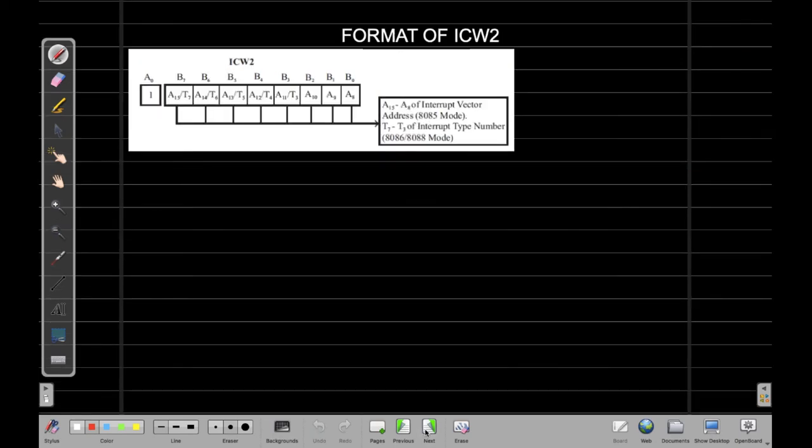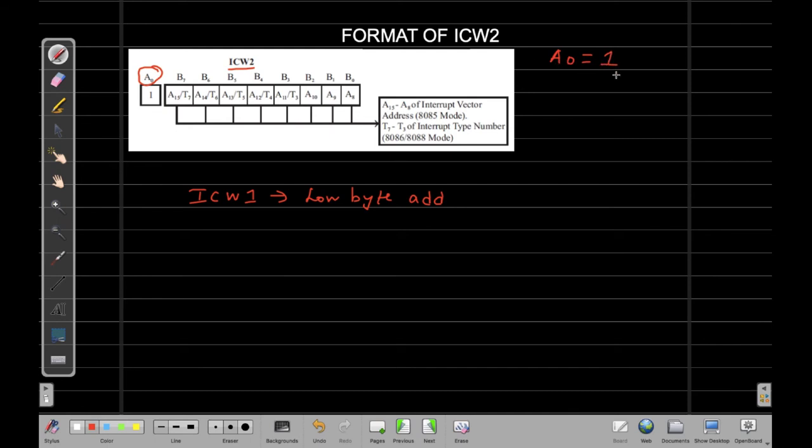Moving forward to the format of ICW2. ICW2 will be the second control word which is sent by the programmer. This is a continuation of ICW1. In ICW1, we are sending the low byte address of the call instruction. The next step is that we have to send the high byte address. How to send it? That can be sent in the format of ICW2, by changing the internal address: write A0 equivalent to 1.